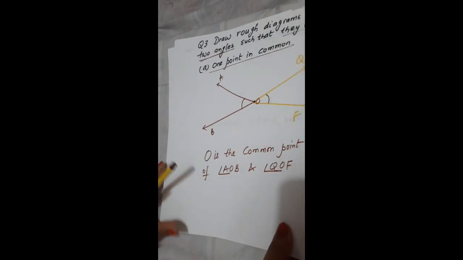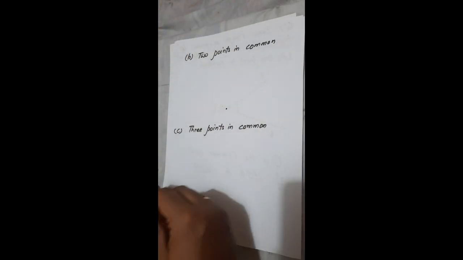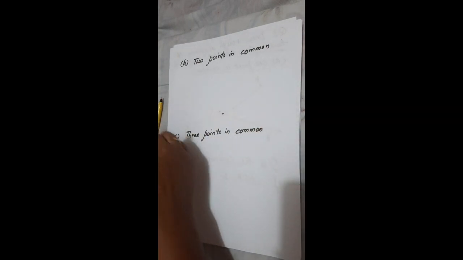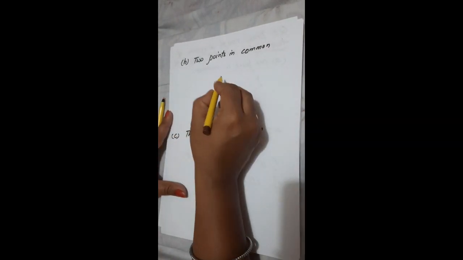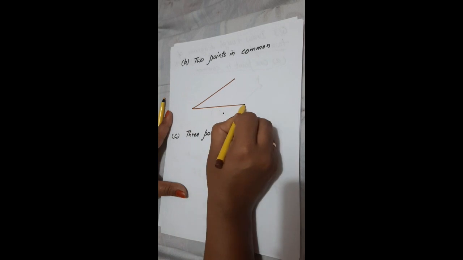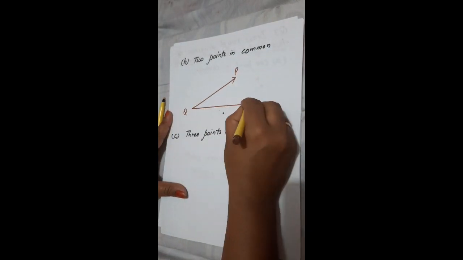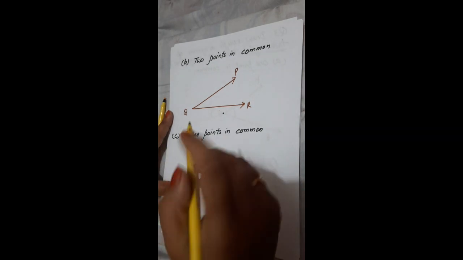Now next we have B part, 2 points in common. You have to draw two angles in such a way so that you have two common points. Suppose you draw like this. Here you take P, Q, R. In this you have two common points.